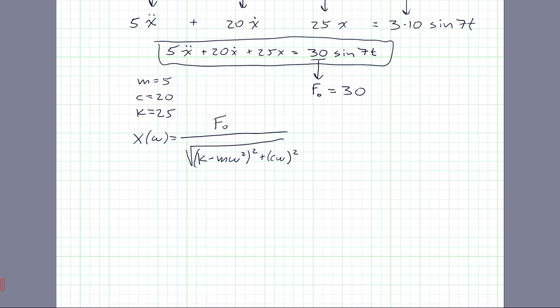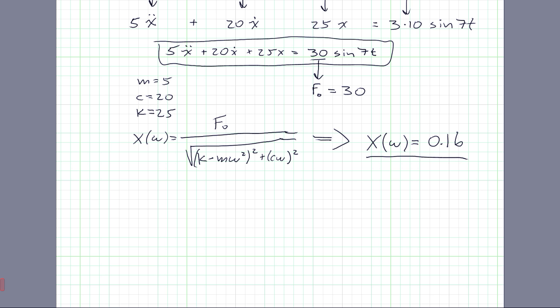This is in your notes. It's also in the book. You plug in k, m, omega, and F naught, and that's going to give you X omega. I forget what the answer is. I have it over here. Yeah, 0.16. If you do it out, you're going to get that.